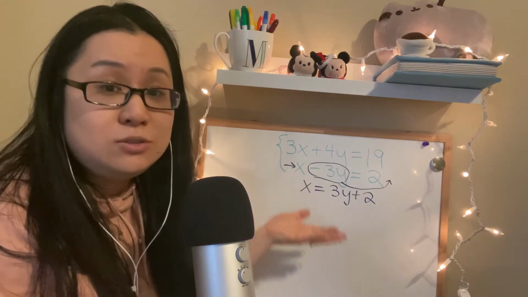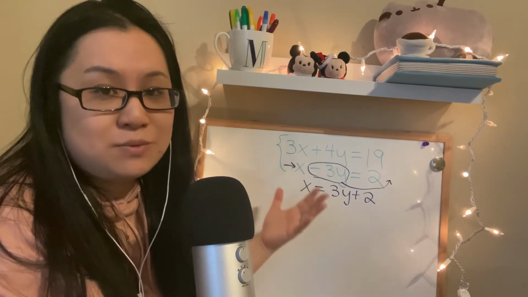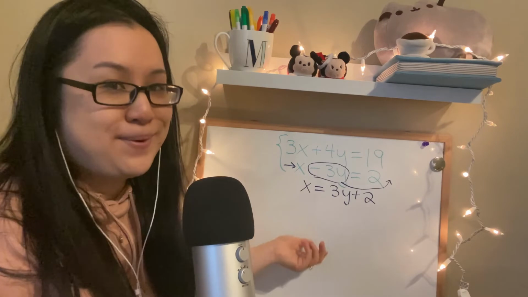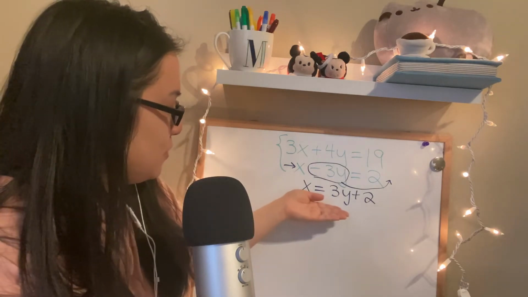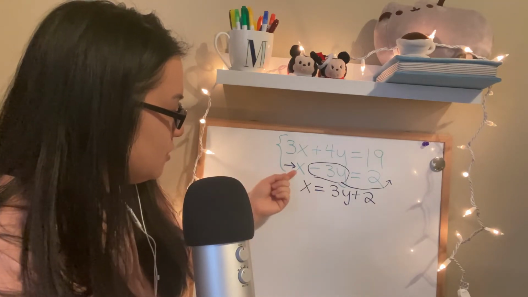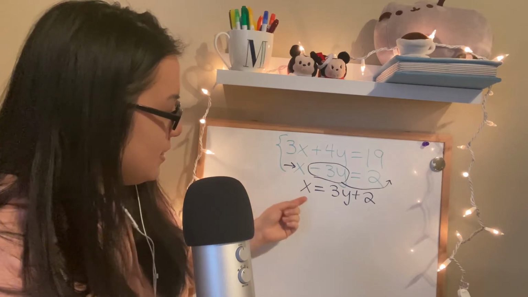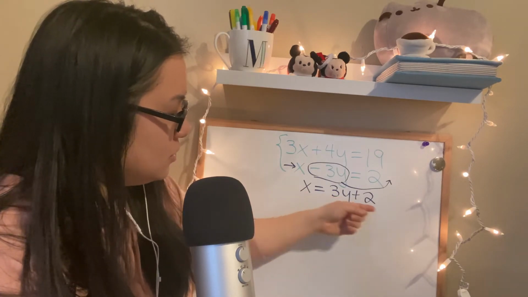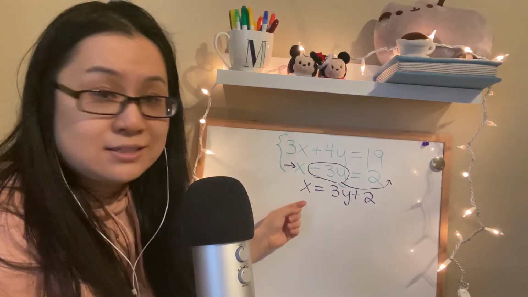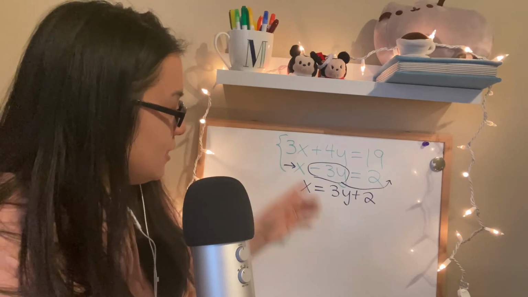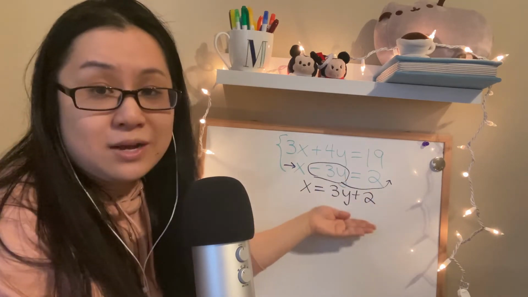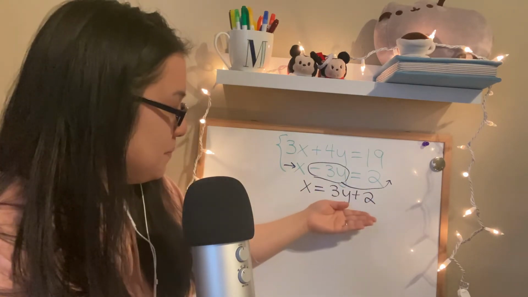So I'm still using the techniques that we've talked about and that we will come back and talk about more, okay? So the key thing though is we took this second equation and now I have an expression 3y plus 2 for x. And because of this equal sign, everywhere I see an x, it's literally the same as 3y plus 2, okay?